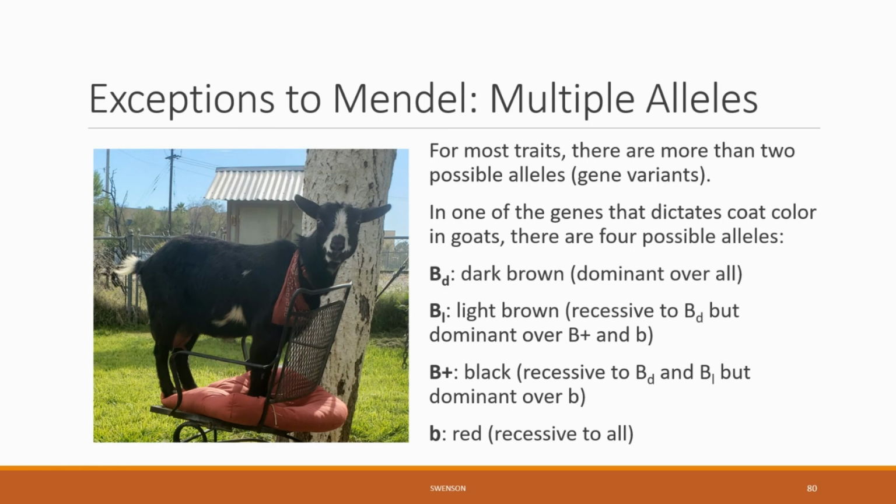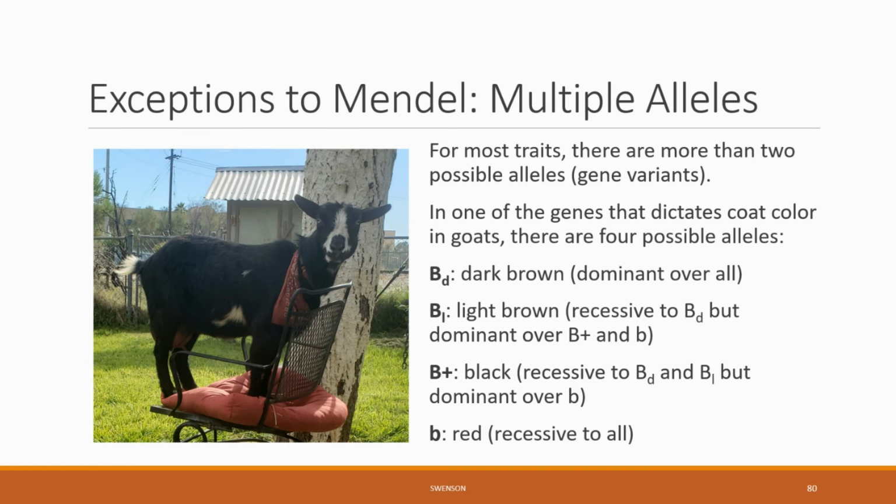We have here traits for coat color in goats. There are 4 possible alleles. There's B sub D, which is an allele for dark brown, and it's dominant over all other alleles. Then you have B sub I, which is light brown, and it's recessive to B sub D, but dominant over the 2 lower alleles, B plus and lowercase b.